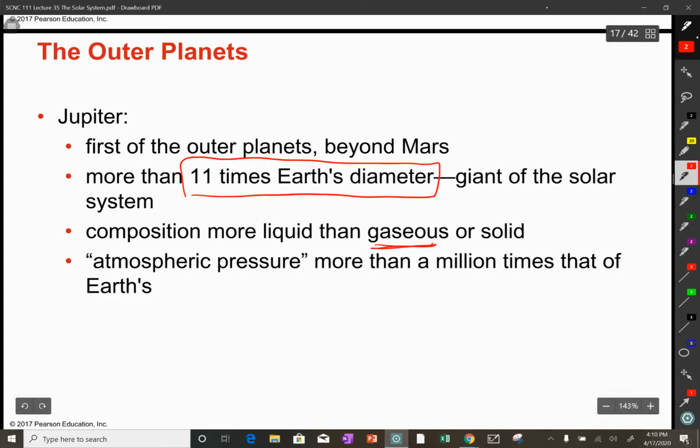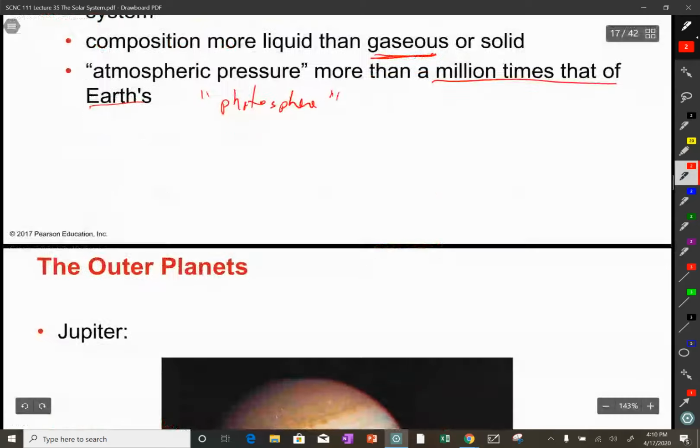So what we do here when we say the atmospheric pressure is more than 1 million times that of the Earth's, we define at the, quote, photosphere. The photosphere is where we see light coming from that we identify as, that's Jupiter. There is no physical surface there, but where we see what looks like the surface of Jupiter, that's what we define as the surface. So the atmospheric pressure there, really, really strong.